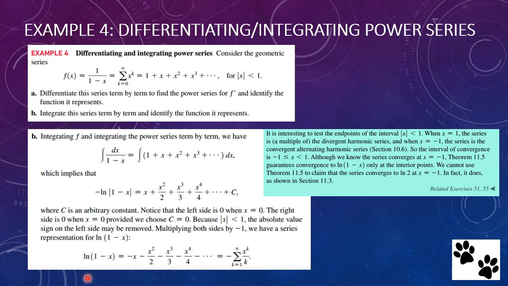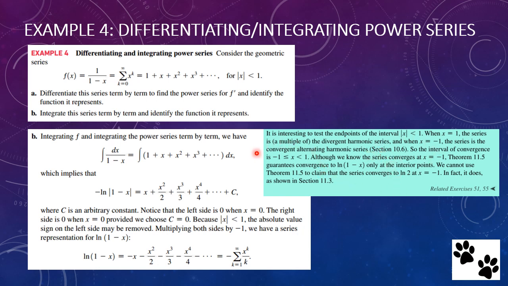Now 11.5, as we just noted in the last example, does not give any claim to the endpoints of the series, and here we're at -1 and 1. In this one, it says it's interesting to test the endpoints. When x equals 1, the series is a multiple of the divergent harmonic series, and when x equals -1, the series is the convergent alternating harmonic series that we saw in 10.6.